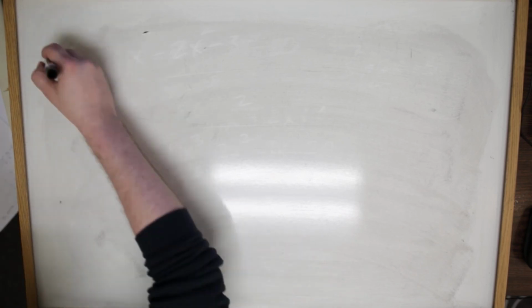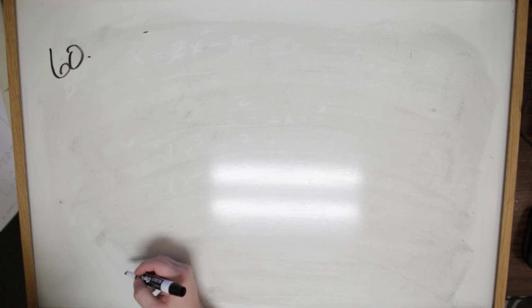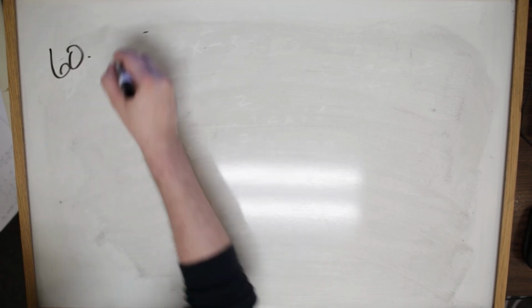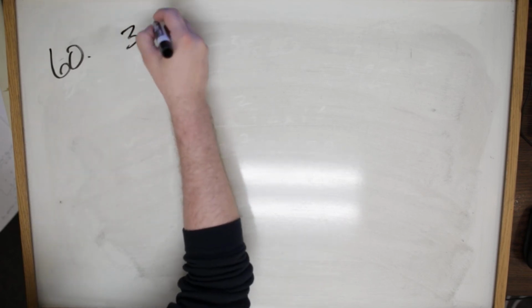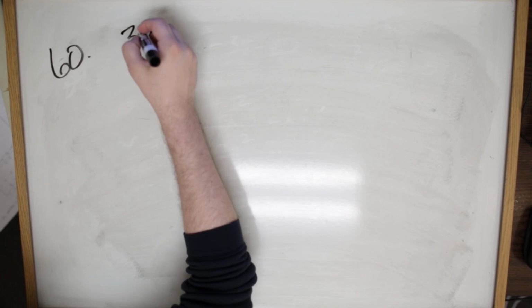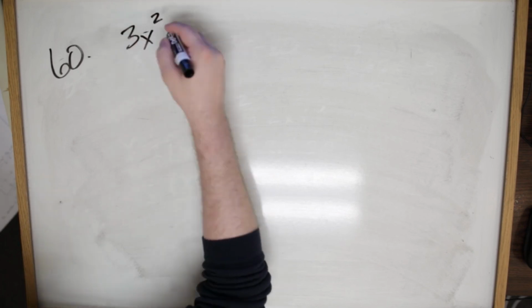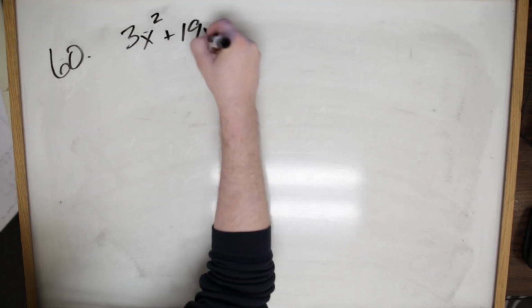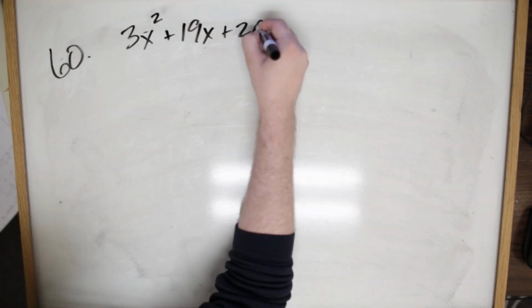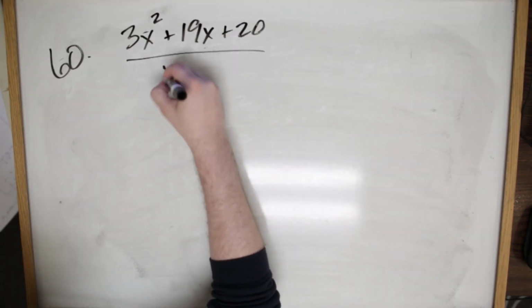Now we jump on to synthetic division. Question number 60. Okay? So remember, everything that we look at in the denominator has to be of the form x minus a. So this question, 3x, hang on. We'll do something with the cubic term here in a minute. 3x squared plus 19x plus 20 divided by x plus 5.